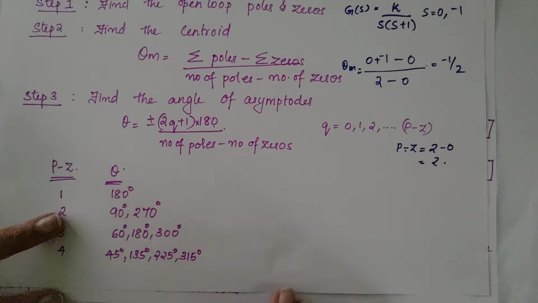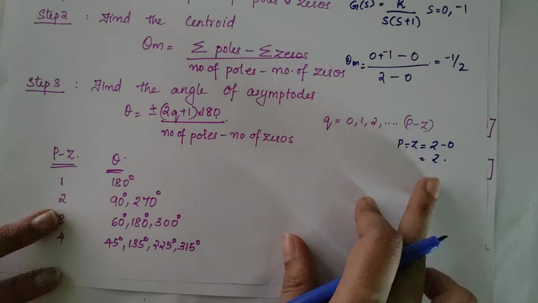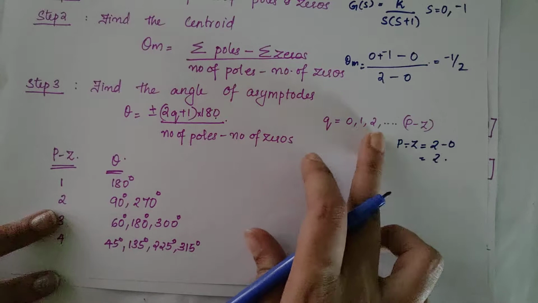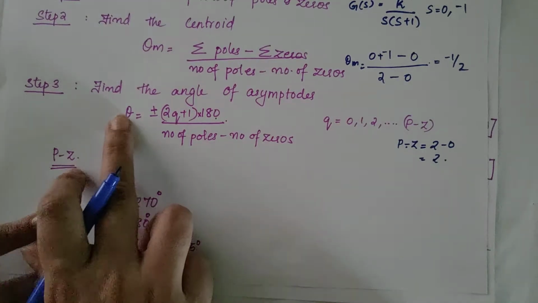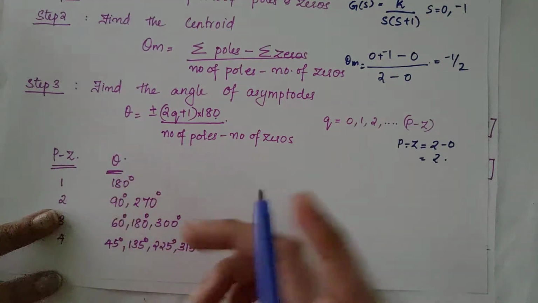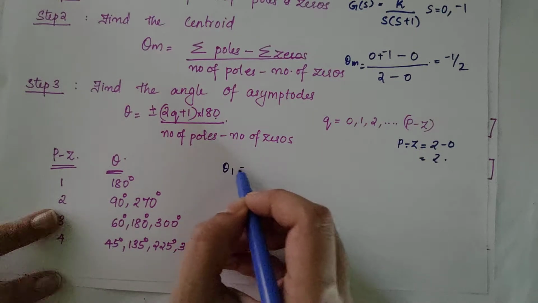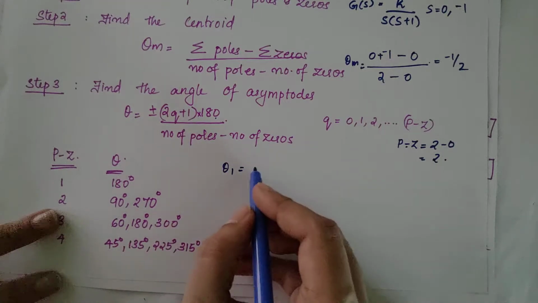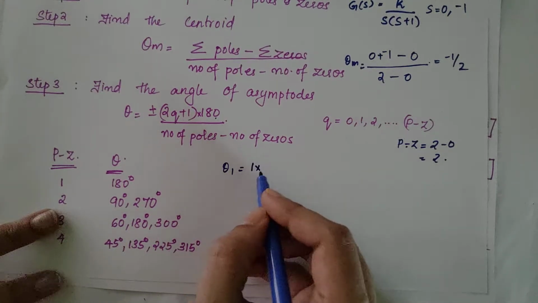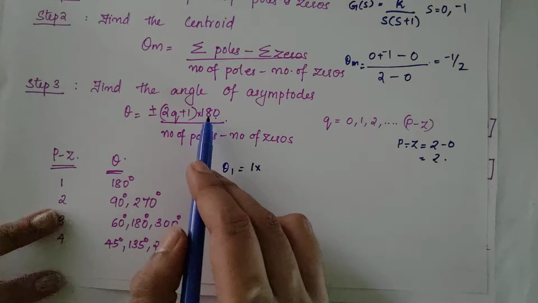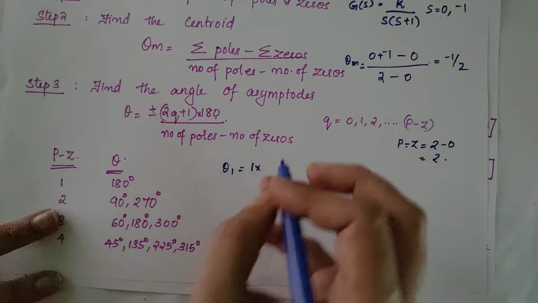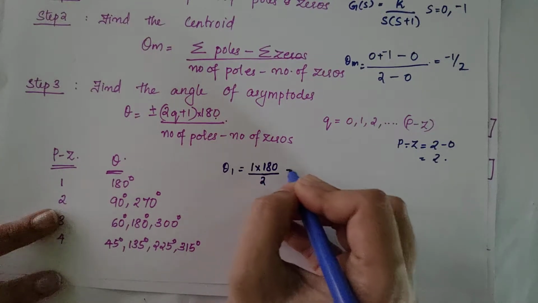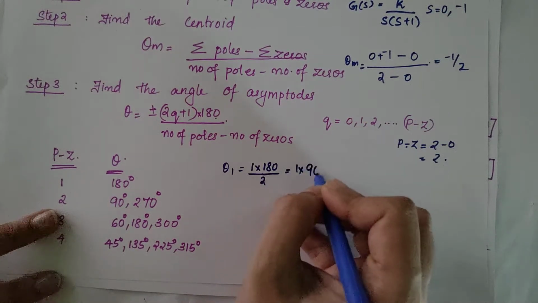If we see these angles, theta 1 is equal to (2 into 0 plus 1), that is 1 into the odd multiple of 180 by 2, that is 1 into 90.